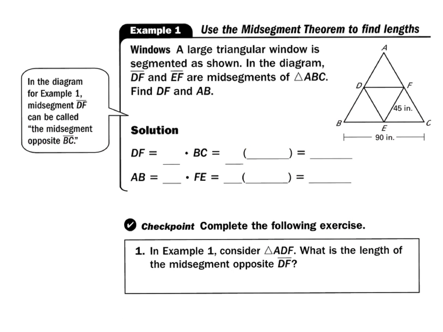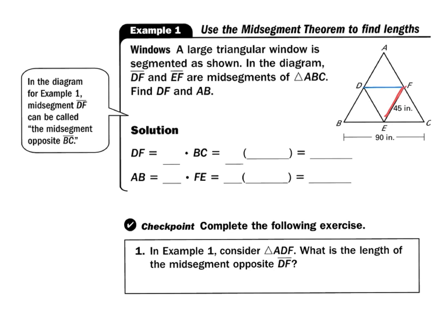A large triangular window is segmented as shown. In the diagram, DF and EF are midsegments of triangle ABC. So DF is right here, and EF is right here. And we need to find DF and AB.